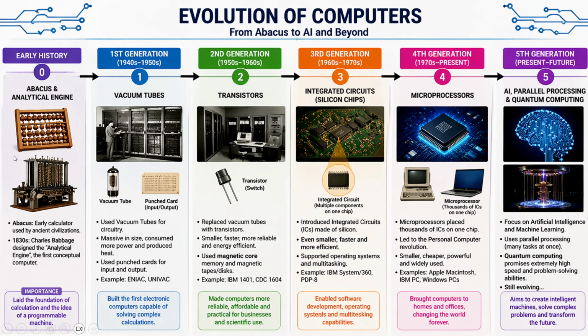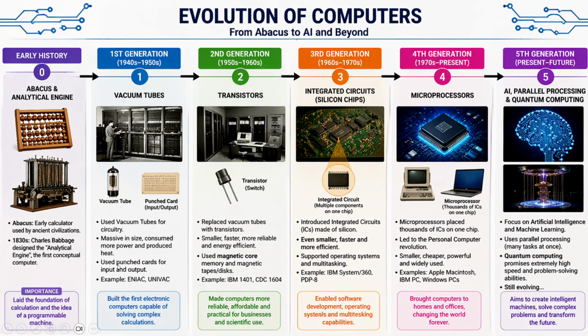Then came the first generation, 1940s, 1950s. These were the vacuum tubes. This is the photo of a vacuum tube, with punch cards as input and output. They used vacuum tubes for circuitry. These were massive in size, consumed a lot of power and produced a lot of heat.